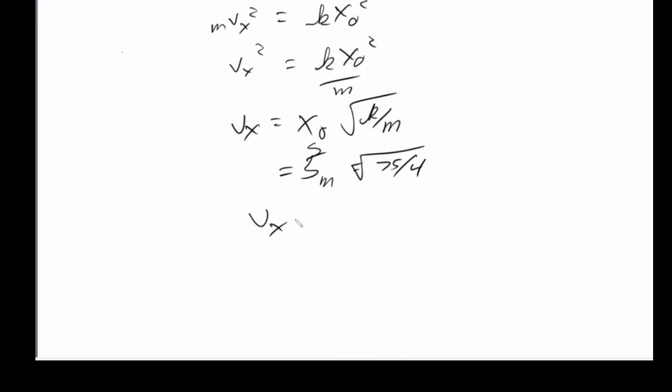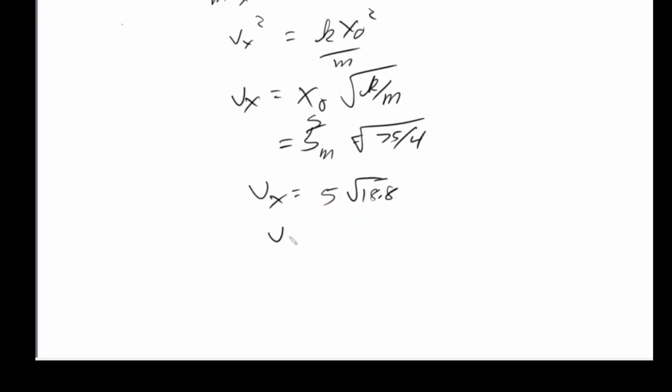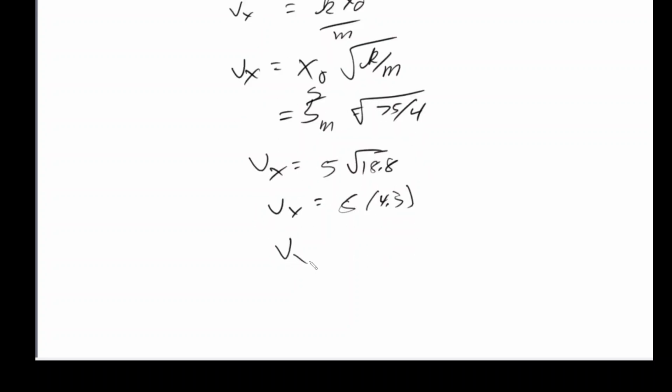So vx is equal to 5 times the square root of 18.8, or vx is equal to 5 times 4.3, or the velocity as it passes back through its equilibrium point is 21.7 meters per second.